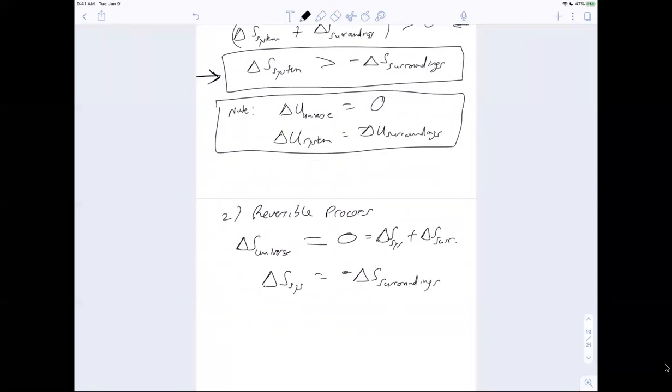But only in this case do we have this. And of course, delta S of the universe is not going to be negative, so we don't worry about it. All right, any questions, comments? Everything crystal clear so far?